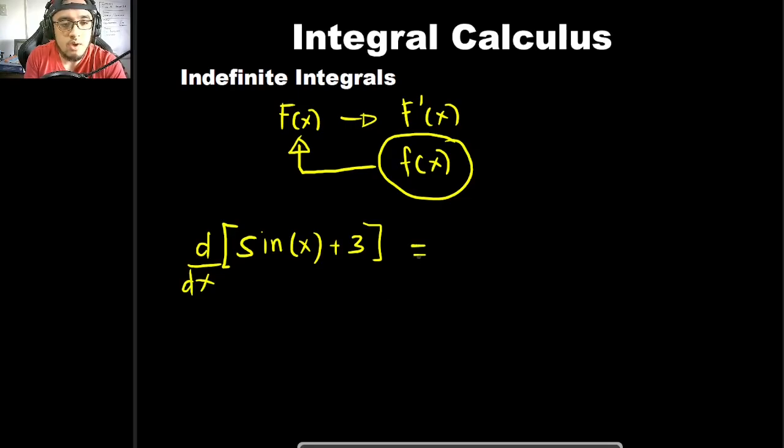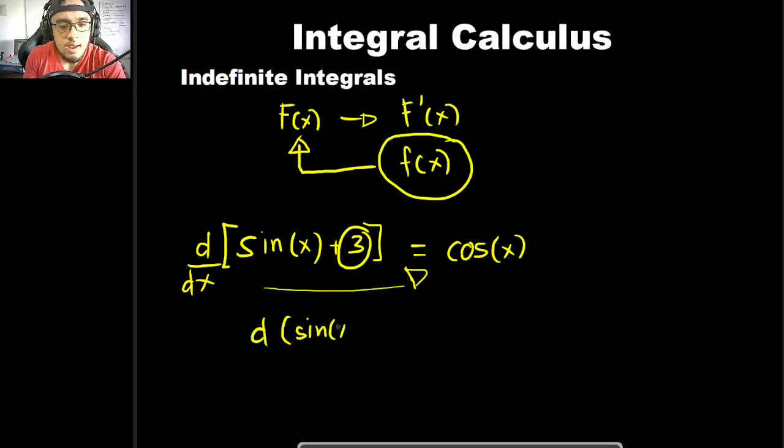This is equal to cosine of x plus 0, since the derivative of a constant is equal to 0. If you cross multiply, the derivative of sine x plus 3 is equal to cosine x dx.